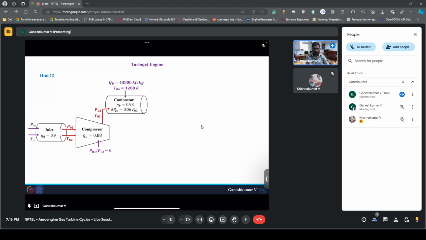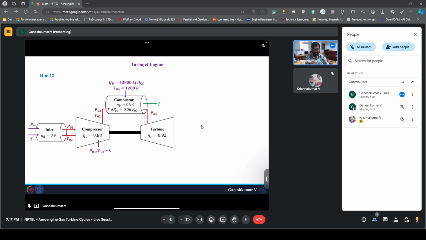In addition, at the end of the combustor, we know the max temperature we can reach is 1200 Kelvin, which means we cannot add more fuel, or go beyond that. So we are asked to find the fuel air ratio for this case. We are going to find fuel air ratio, which is F, and also the exit pressure of the combustion chamber.